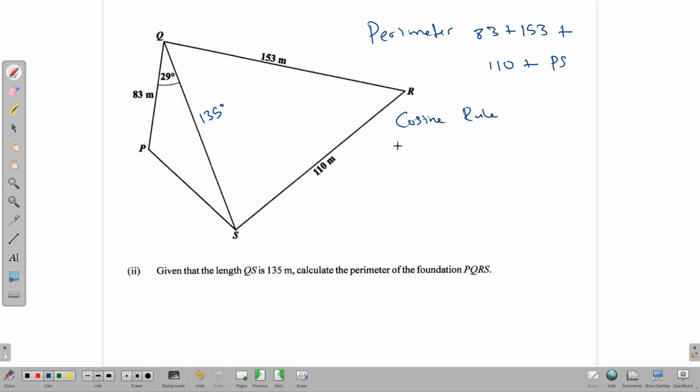And the cosine rule may be written as a squared equals b squared plus c squared minus 2bc cos A. And so we're going to be treating it this way.